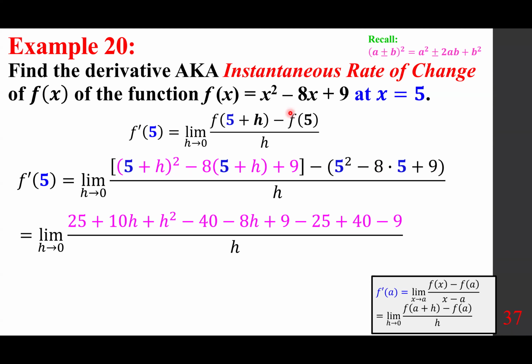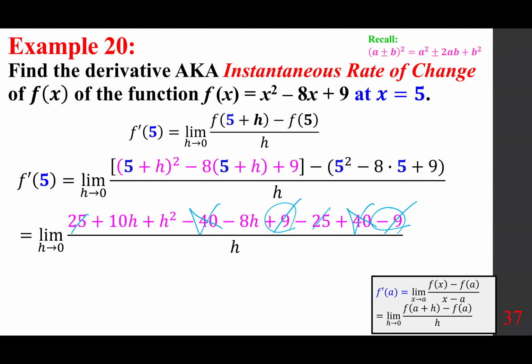Also, what I used here is the identity everybody is familiar with. (a plus b) squared is a squared plus 2ab plus b squared. (a minus b) quantity squared is a squared minus 2ab plus b squared, and that's what we used here. And so what happens? 25, negative 25, negative 40, positive 40, 9, negative 9.